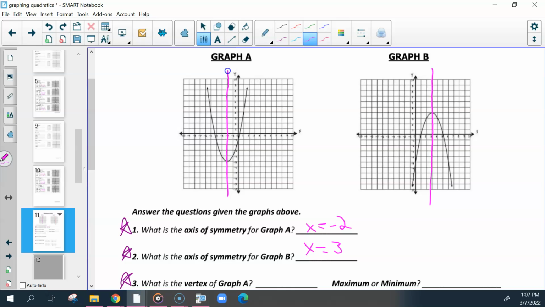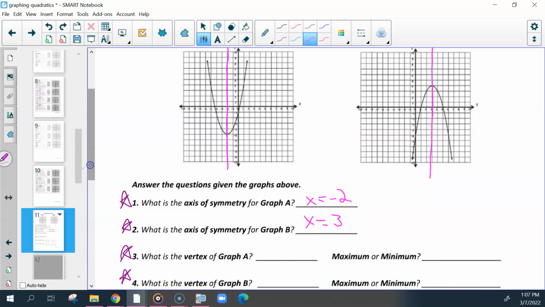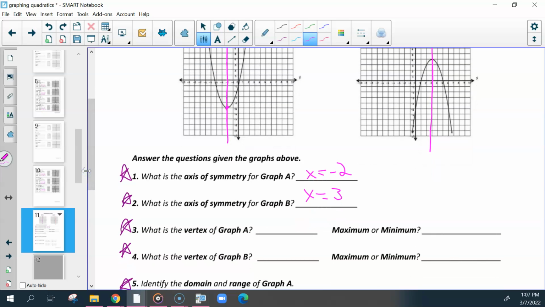Then it asks about the vertex. So this is either going to be the lowest point or the highest point. For graph A, what is your vertex? -5 is your y value. But your vertex needs to be an ordered pair. Know that this is -5. What's your x here?